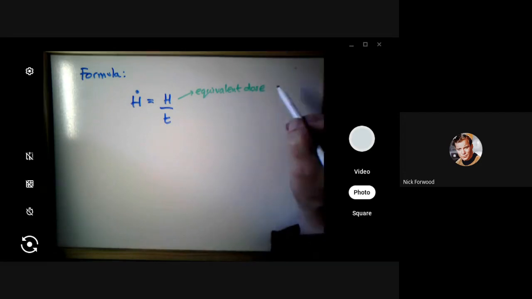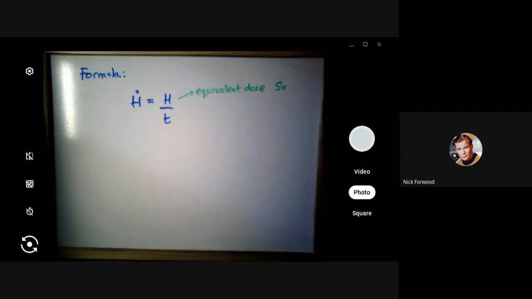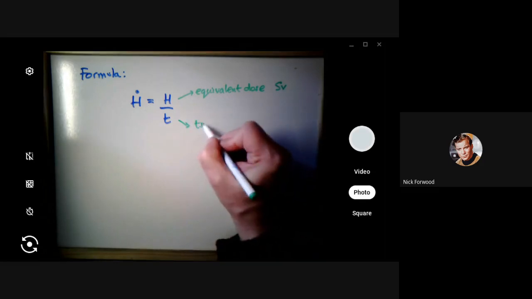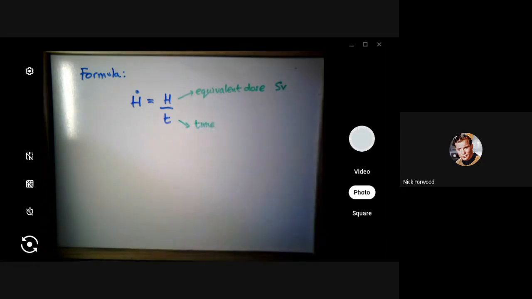And we know that that is measured in sieverts because we've been doing sieverts all along here. This T on the bottom, this is your time, and the time could be in seconds, hours, weeks, years. You use the information that you're given in the question.